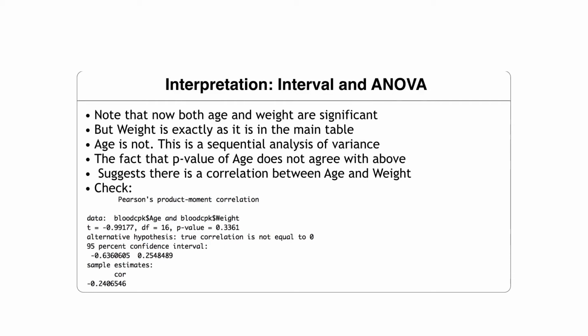Could be that as age increases, the weight kind of drops down. So young people tend to be a little heavier in this particular data set. So which is why you would like to plot the age and weight, or run a correlation of the age and weight and see what the correlation tells us. The correlation tells us that age is inversely related to weight, although it may or may not be statistically significant, but there is an inverse relationship.